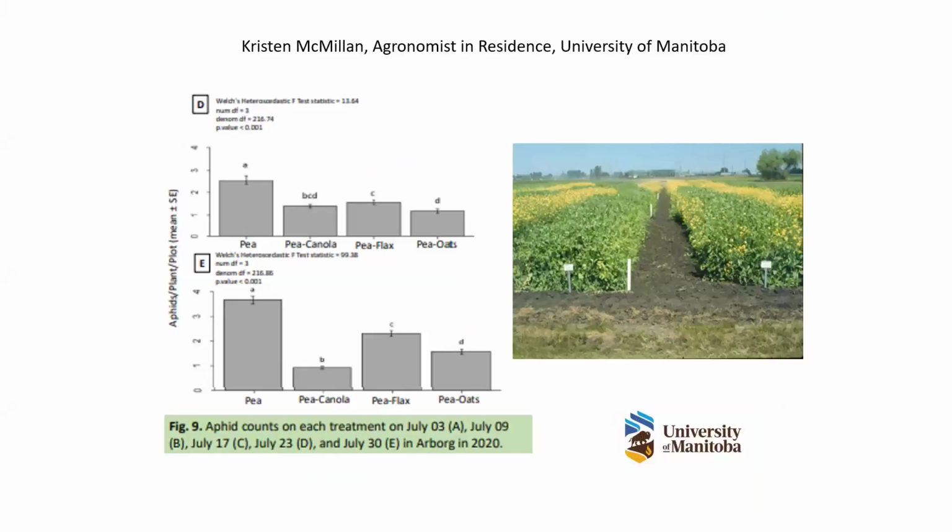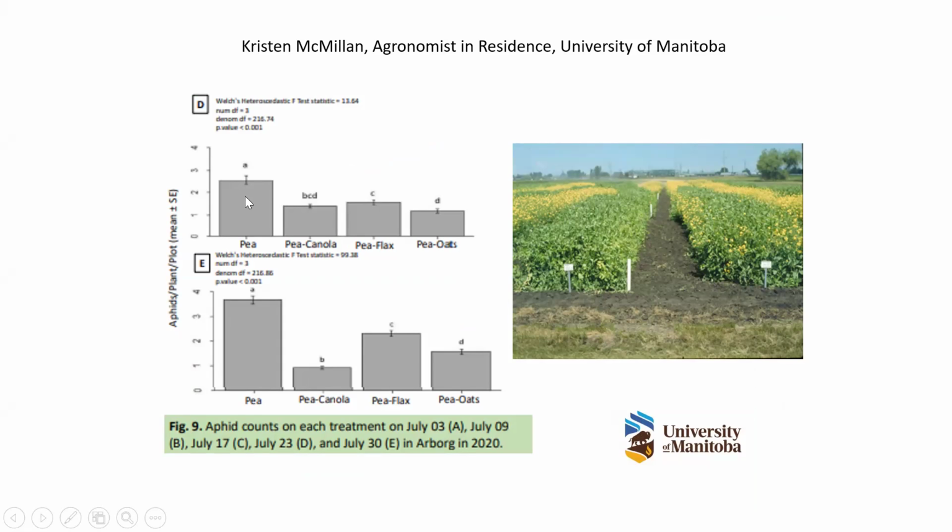The simple example of how intercropping can reduce pests is demonstrated here, where peas are grown either with canola or flax or oats. And here you can see a pea canola intercrop. On the left axis here is the aphid count of each treatment at 2 different times of the year.